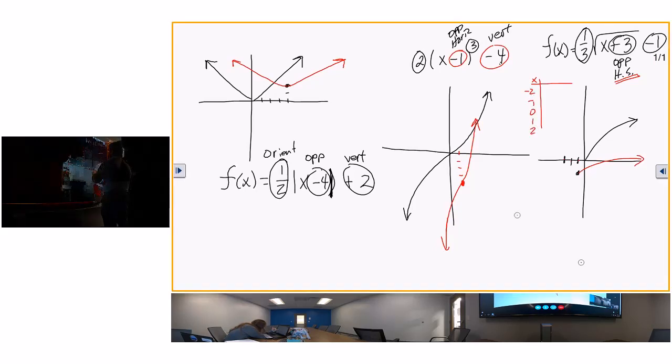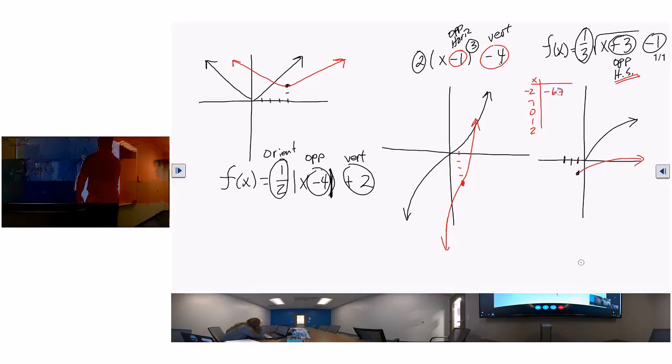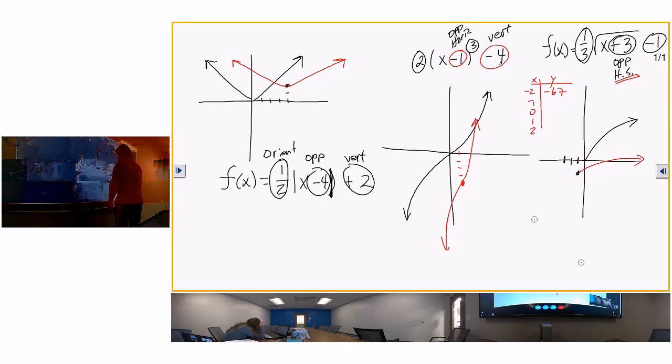If you plug in -2 here, you'd get -2 plus 3, which is 1. Square root of 1 is 1. 1 times 1/3 is 0.33. 0.33 minus 1 is about -0.67. And that's why it drops down. Now -1: -1 plus 3 is 2.